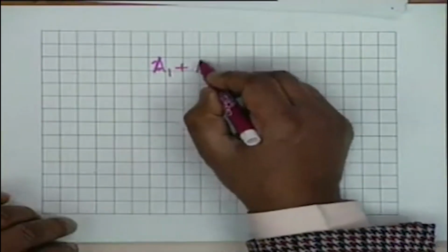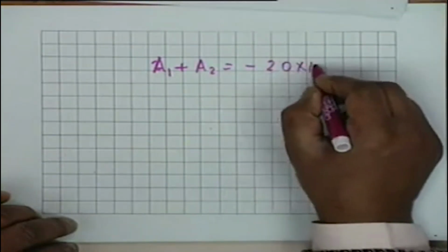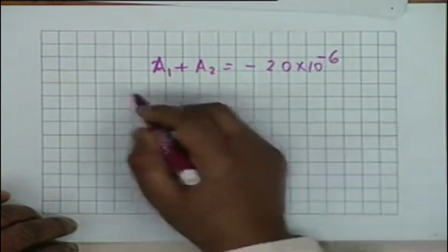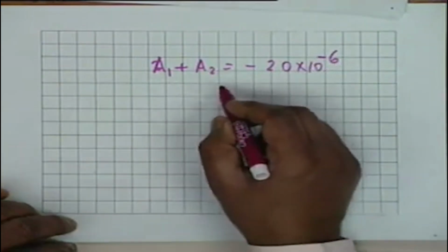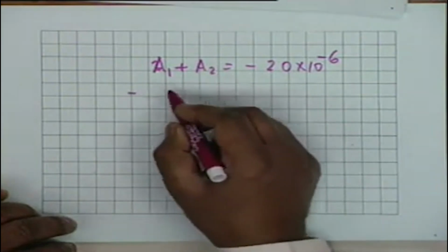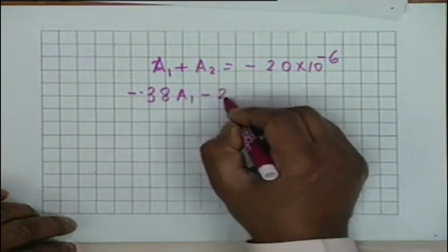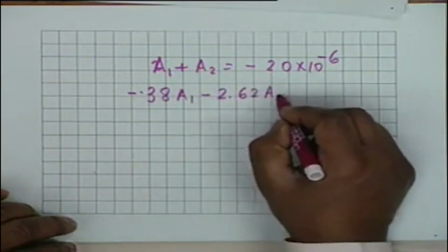Okay, I was waiting for this, and therefore I get A1 plus A2. What was this equal to? Minus 20 times 10 to the minus 6, and di dt at 0 plus. What will be di dt 0 plus? Minus 0.38 A1 minus 2.62 A2.